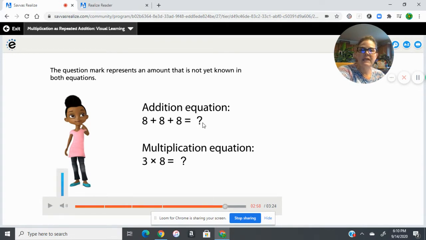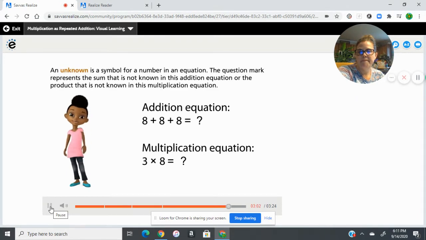Okay, so the answer to the addition problem, we call it the sum of these numbers, and the answer to the multiplication problem, we call the product. So we have factor and factor equal product. We have addend plus addend plus addend equals a sum.